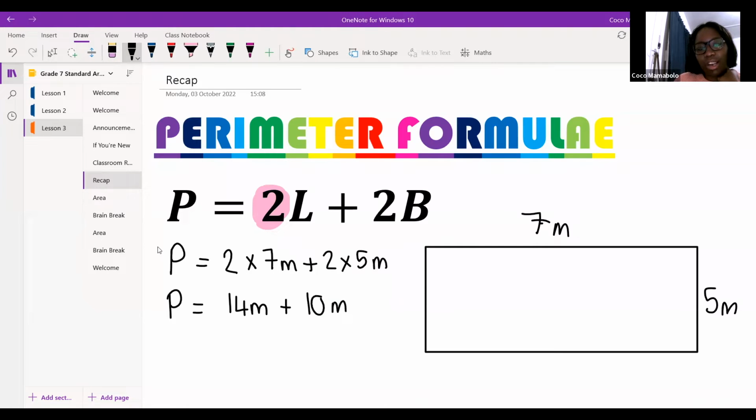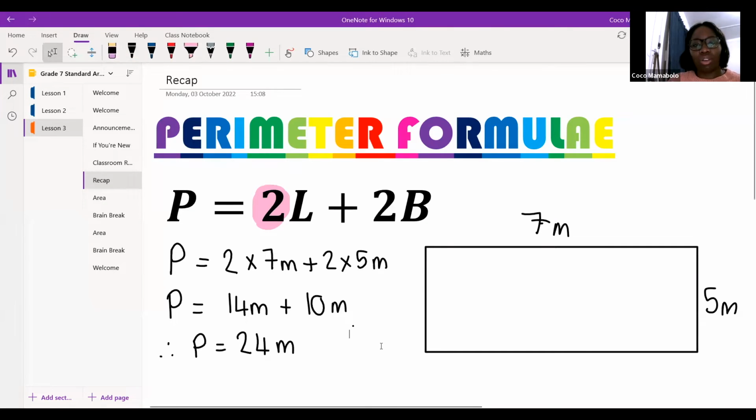Good. My last line. Therefore, P equals 24 meters. Excellent. Well done. That was too easy. I think you practiced it a lot. We practiced quite a few of these on Wednesday.